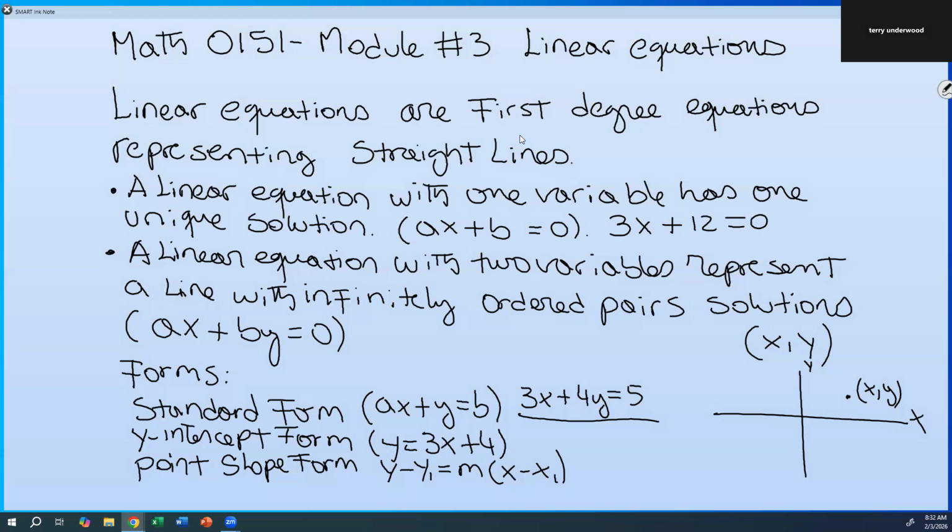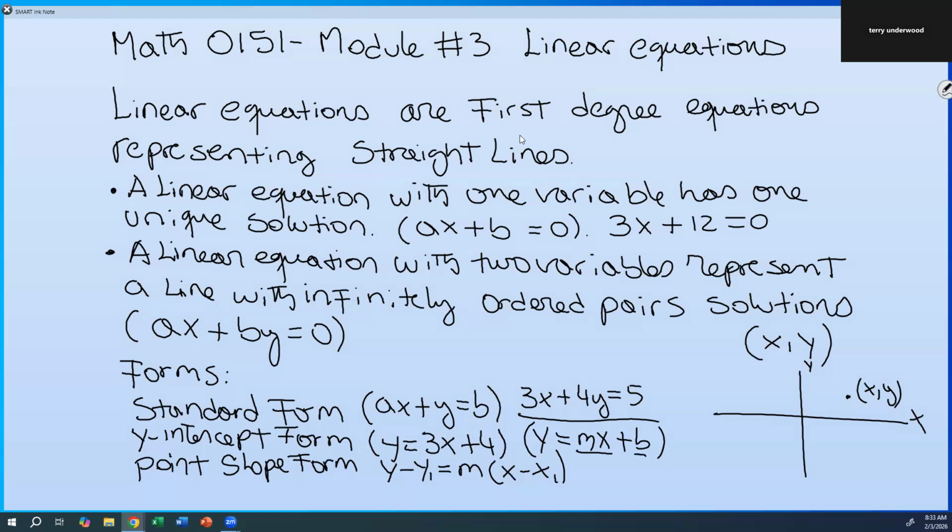Forms of linear equations. The standard form: 3x plus 4y equals 5. Y-intercept form: y is equal to m times x plus b, because m is your slope and b is your y-intercept.